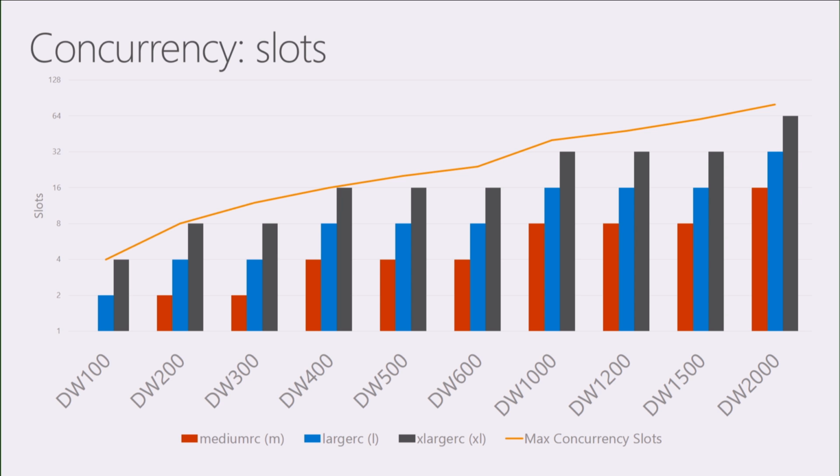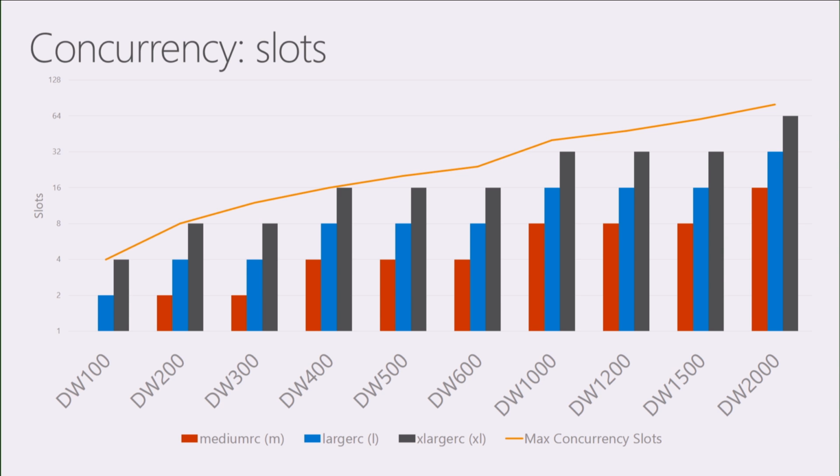At the base level, you get roughly 100 megabytes of memory per distribution in our distributed system, and it goes up and up as we go: medium, large, extra large, okay? At the base level, one query has one slot. Now, as you increase your resource class consumption, which gives you greater resources, you consume more slots, right?